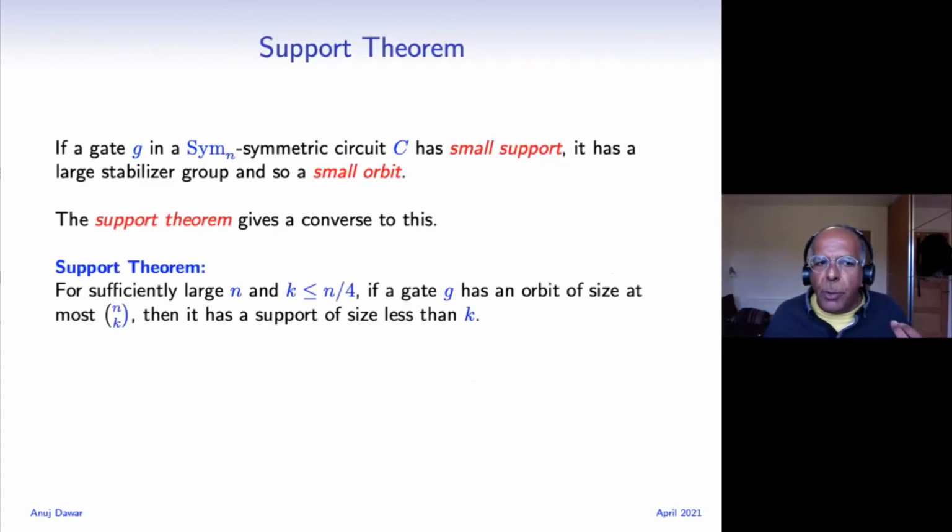Our support theorem is really a converse of this. If a gate has a small orbit, then it in fact has a small support, right? So basically it says if the orbit size is at most n choose k, sorry, then there's a support of size less than k.